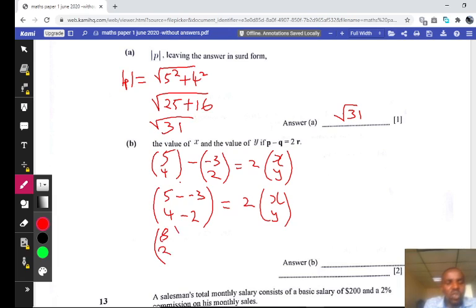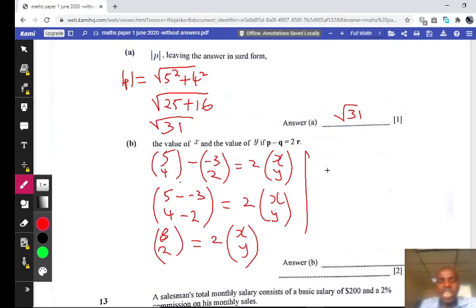Then 4 minus 2 is 2. This is equals to 2 (X, Y). As you can see on the right side, 2 has been factored out. Let's do the same on the left side.